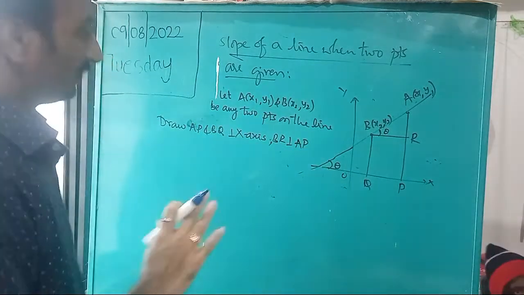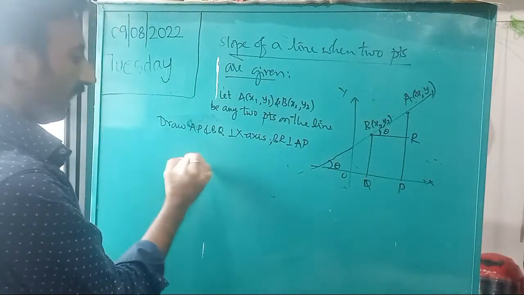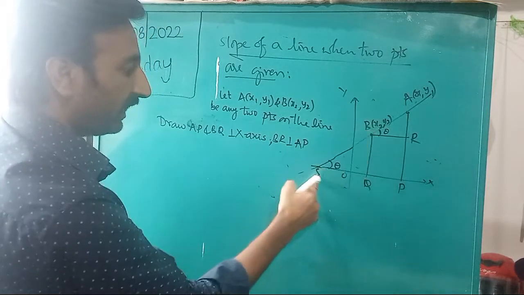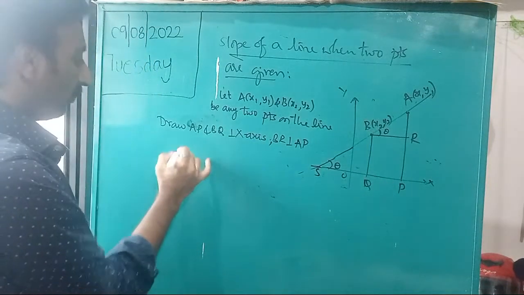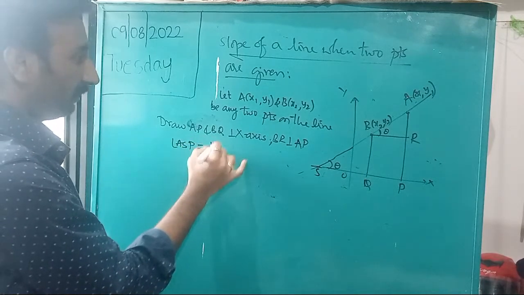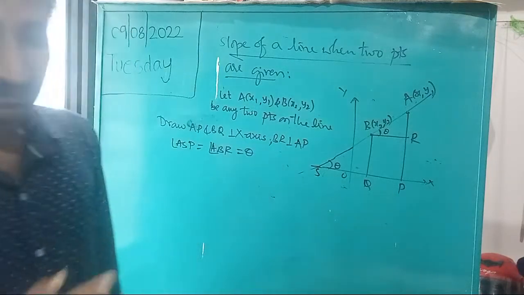So now later on, angle ASP, or rather angle BAR, is the same as angle ABR. Both are theta here, correct?